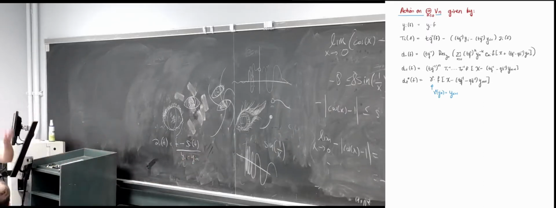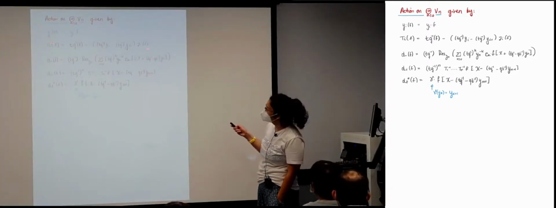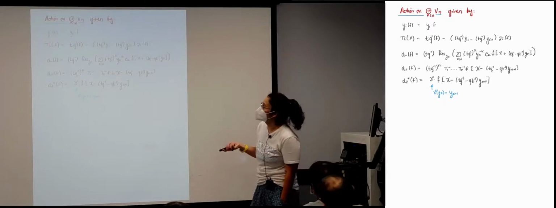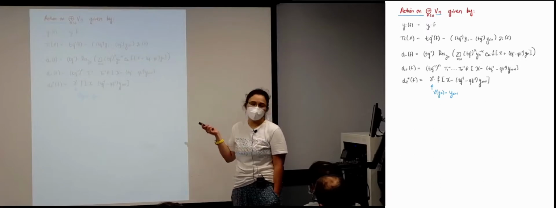So it's just a very classical operator. This operator as a whole is known as a Demazure-Lusztig operator, and these two together give you a very classical polynomial action of the Hecke algebra.